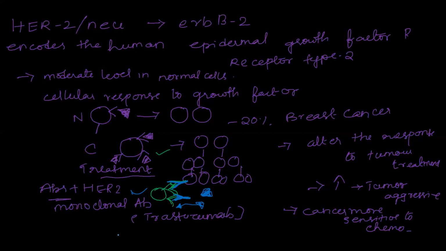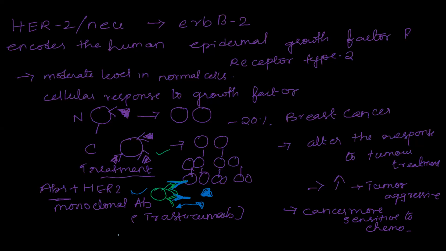But once it is mutated, what will happen? Instead of one receptor, there are many more receptors, and when it binds, it will help in unregulated cell growth. So in 20% of breast cancer cases, it was always noted that there is an increase in this particular gene.